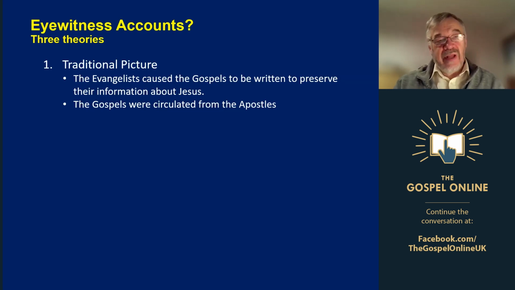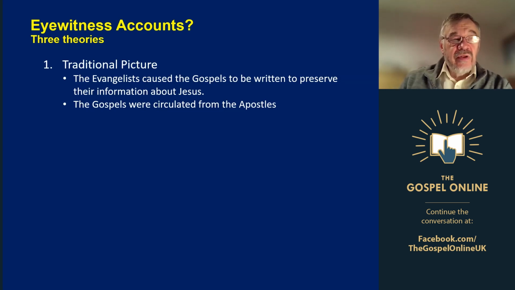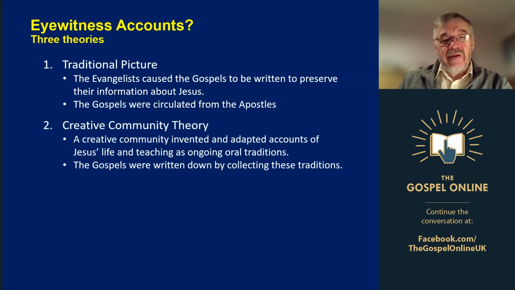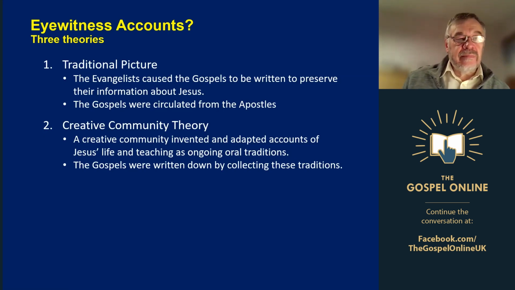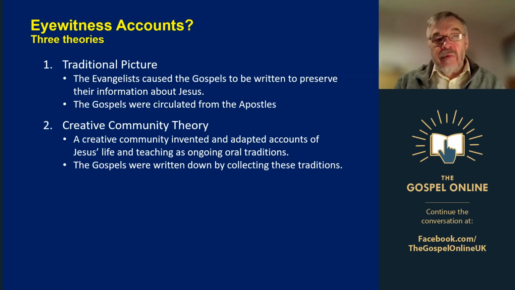They had ideas that Jesus was different from the Jesus of the Gospels. And so they wanted to try and say, well, how would the Gospels be written if there were no eyewitnesses? How would that happen? One of the theories is the idea there's a creative community which invented ideas of what Jesus might have done, which modified those accounts, which maybe took some authentic accounts and modified those.